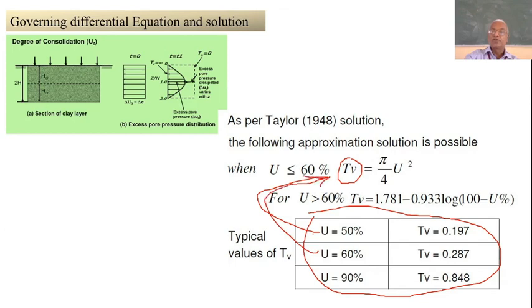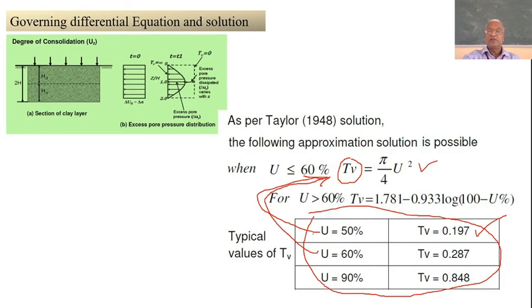Anyway, the first two values can be calculated using this equation. Of course, it's possible. For example, for 50%, if you put 50% and calculate this expression, it should give you 0.197, even up to 60%. If you put 60%, it will be 0.287, but 90% you cannot put because the equation is valid only for less than 60%.